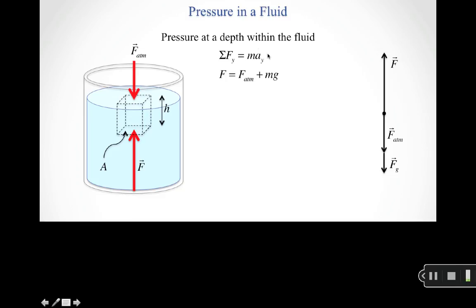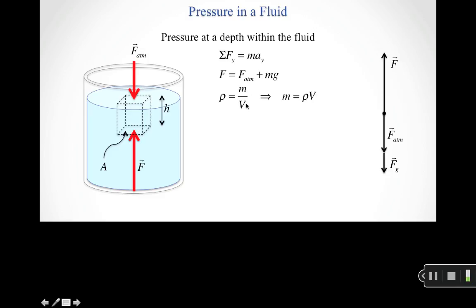So there's not going to be any acceleration, so all these forces have to add up to be zero, which means the force pointing up has got to be balanced out by the two forces that are pulling down. So the force from the pressure on the bottom has got to be equal to the force from the pressure on the top, atmospheric pressure, plus the weight of the fluid.